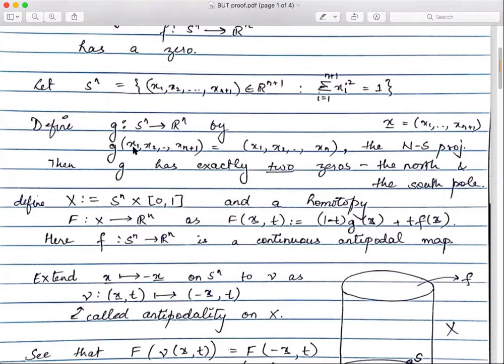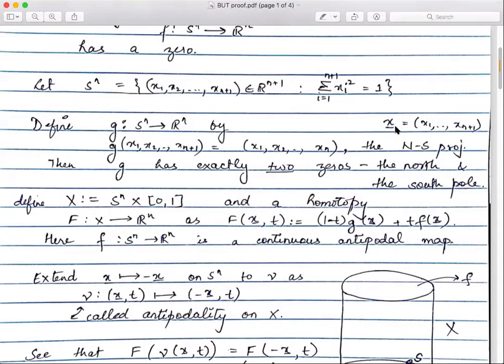And now let's define a map g from Sn to Rn, which is a north pole, south pole projection. What it really does is that it takes all the n+1 coordinates and projects down to the first n coordinates. To shorthand, I'm going to denote such a point by x bar.